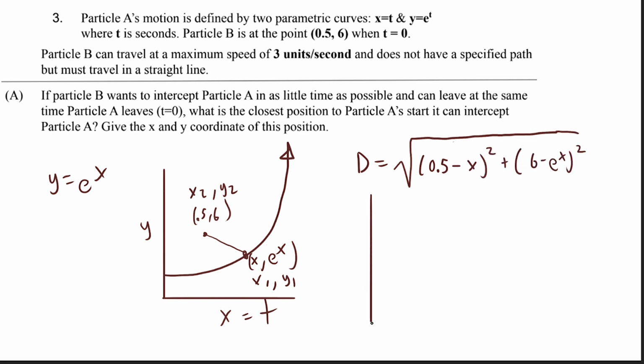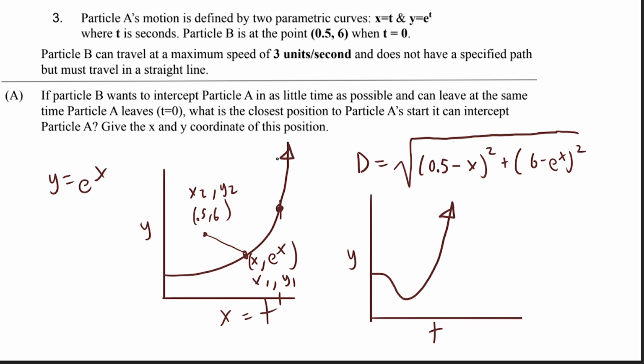Drawing this out, we get something that looks like this, where the x values are also time, and the y values are the distances between the point 0.5, 6 and the curve y equals e to the x at a specified time. For example, if the time is here, the point would be here.